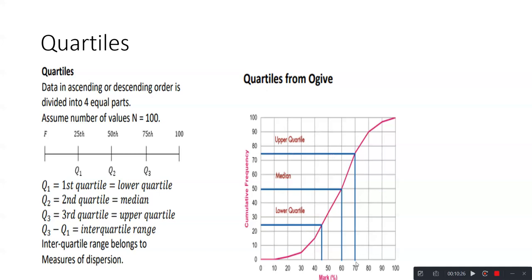I go down, and the value I'm going to read here is going to be my third quartile mark, or what we call the upper quartile. So to get the interquartile range, we said it is Q3 minus Q1.